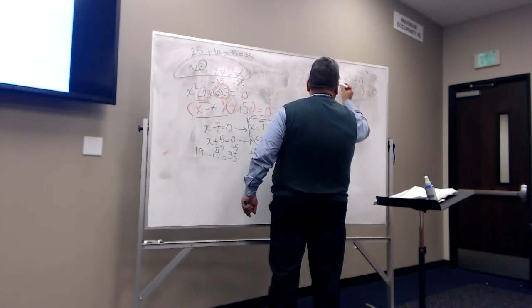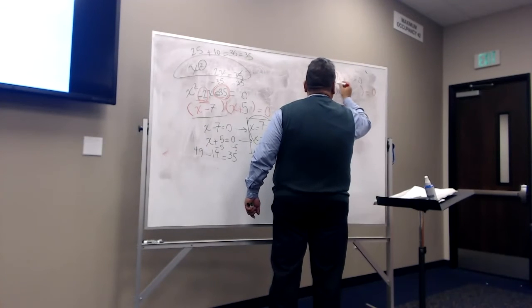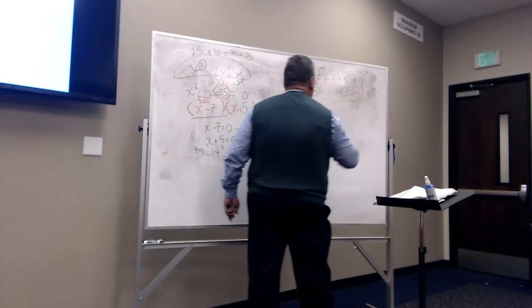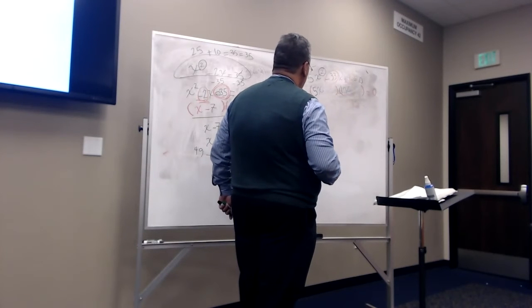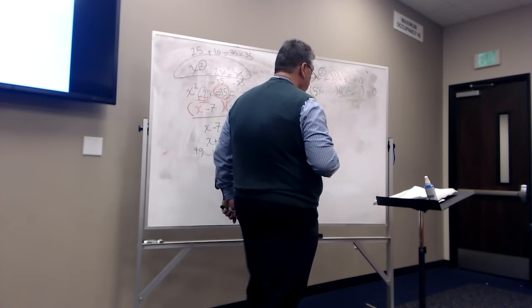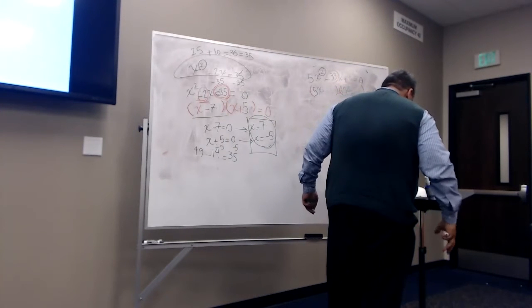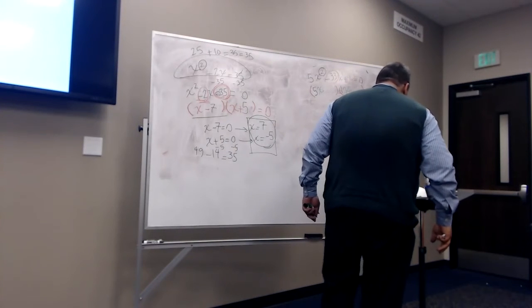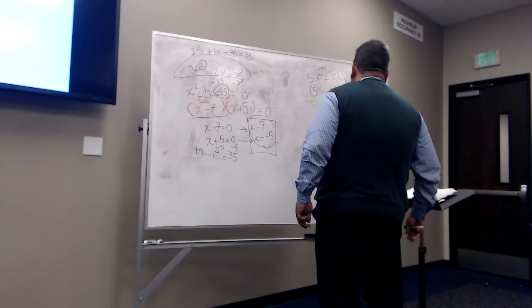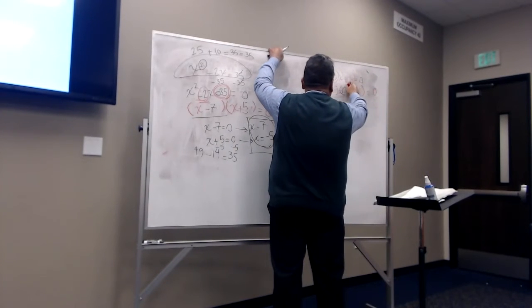You want to have 40. Remember the FOIL method? What you're looking for is when you multiply the outer and the inner, you want to get 40.